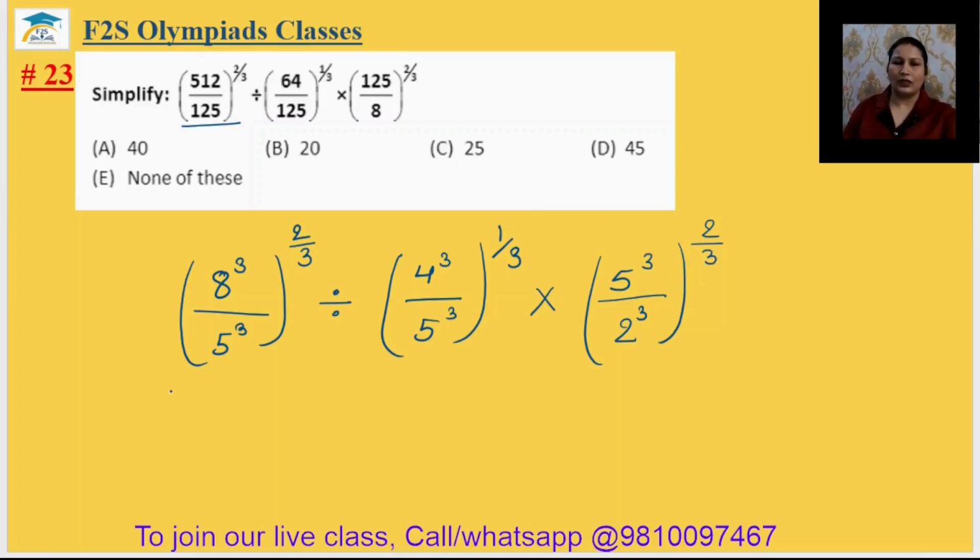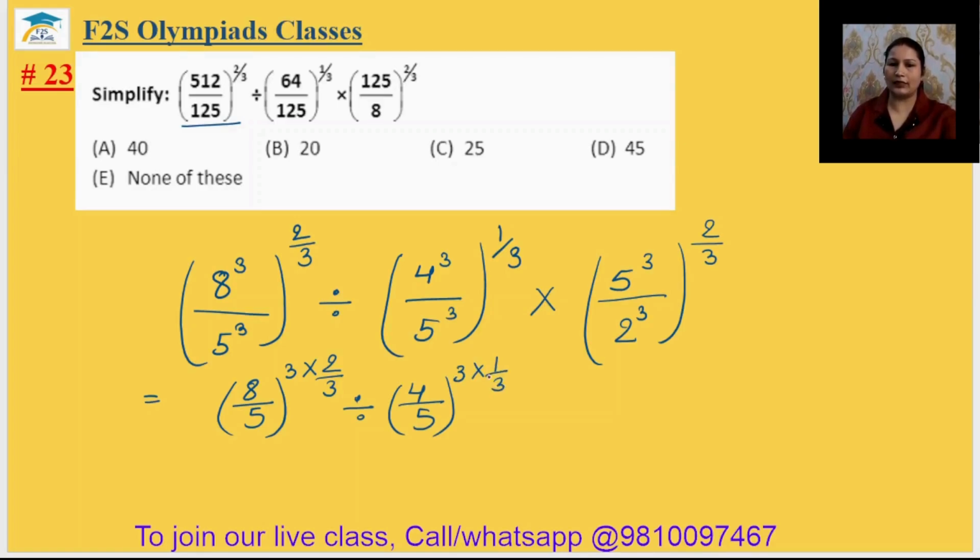Okay. Now (8/5)^3 multiplied by (2/3) divided by (4/5)^3, multiplied by (1/3), multiplied by (5/2)^3, multiplied by (2/3).